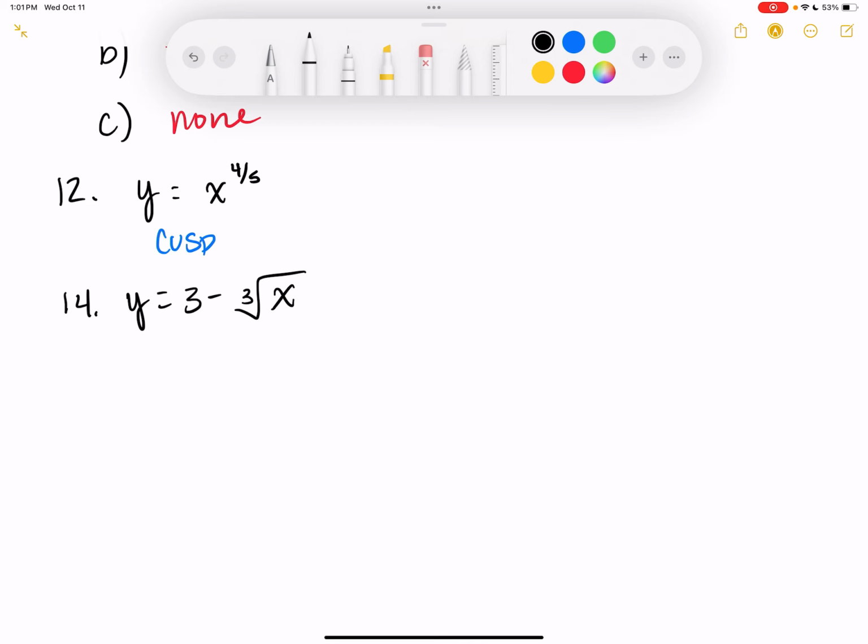Yeah, looks like a vertical tangent, so we'll just verify. Wait, how do you do the cube root again? Hit math, and then it's like option 3 or 4, I think. Oh, okay. This graph kind of comes down and then turns and goes the other way, so that's going to be a vertical tangent. Officially the vertical tangent is occurring here where it's curving and switching and going the other way.